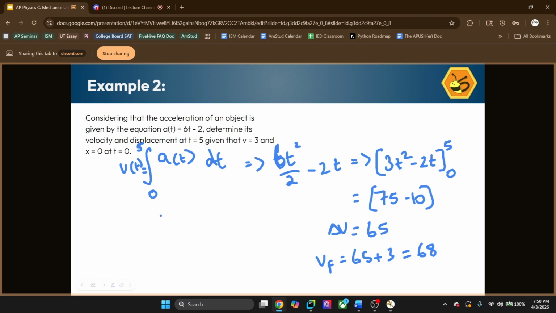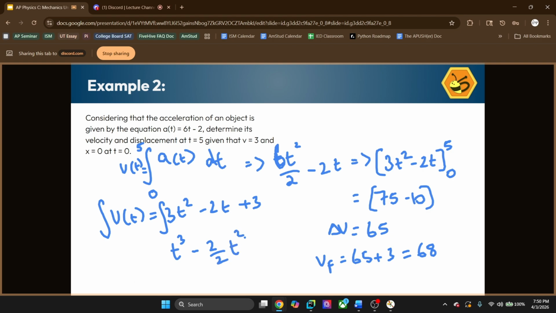Now, in order to find position, you have to realize that the velocity equation is 3t squared minus 2t plus 3, right? Because when we integrate without any bounds, you'll get a plus c, but we know the initial condition is 3. So we integrate again to find delta x, and that should give t cubed minus 2 over 2 t squared plus 3t from 0 to 5.